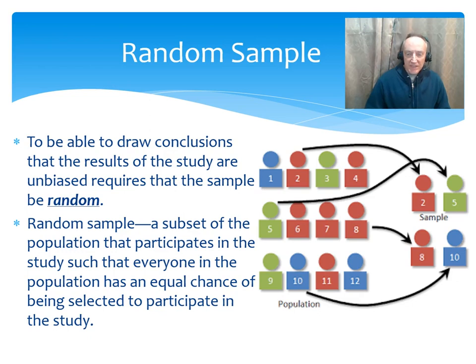So the ideal is what's called a random sample. That means everybody in the bigger population has an equal chance of being chosen to participate in the study.